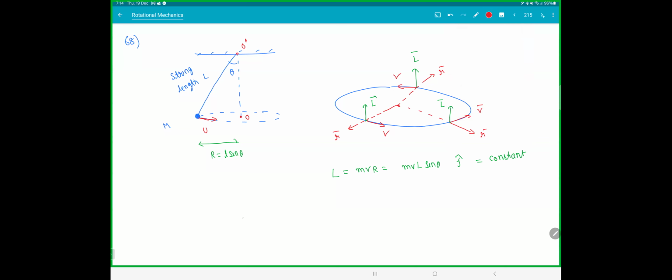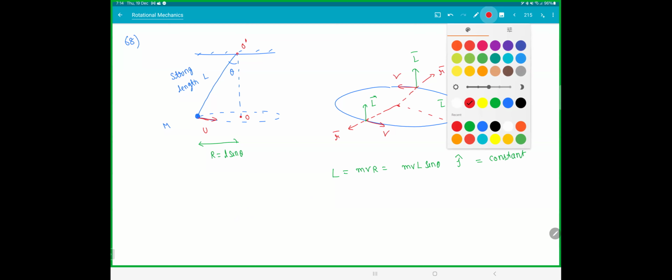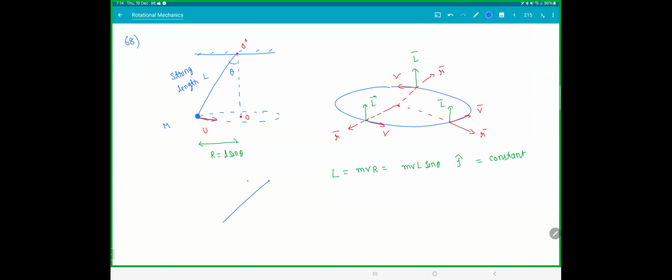Now for this particle, if you actually draw the free body diagram, you'll notice we have tension, we have mg. That's it. There are only two forces. If you resolve this into components, we get T cos theta and T sine theta.